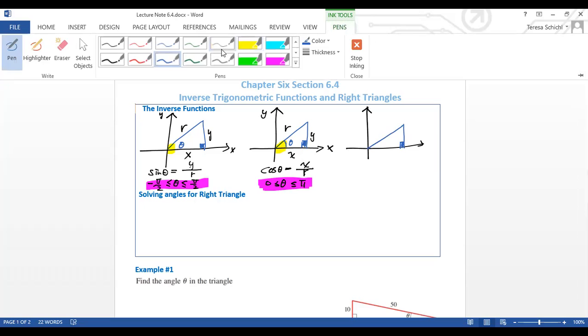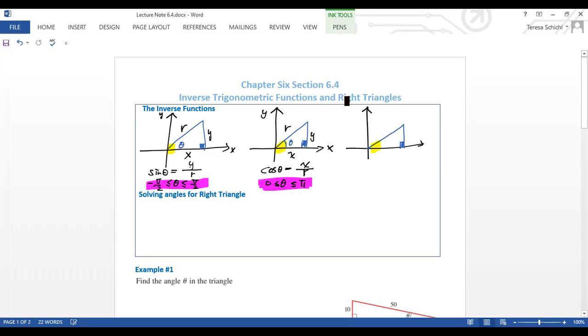This is my angle theta, and this is y, x, and r. What is tangent theta? It's the opposite over adjacent. Be careful, the restricted domain here is negative pi over 2 to pi over 2. I don't have an equal sign because the tangent is not defined there.